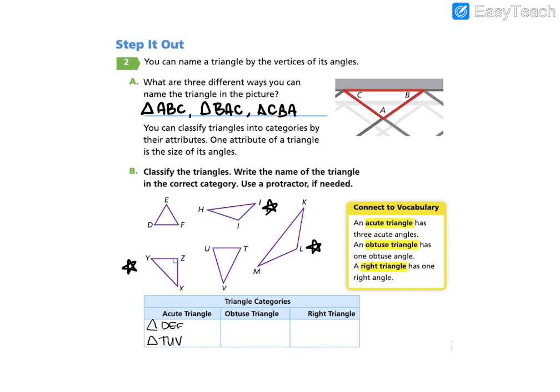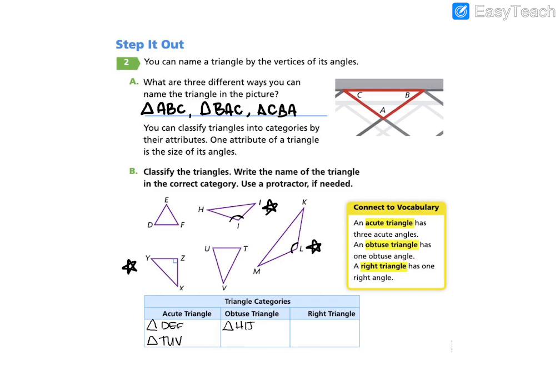So now let's take a look at the ones we starred. We started HIJ right here because of this angle. And what kind of angle is that? It's an obtuse angle, so that makes this an obtuse triangle. So we put it here, HIJ. And the same thing for this triangle right here, right?